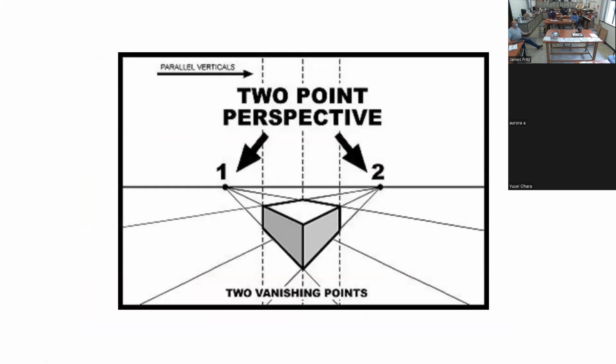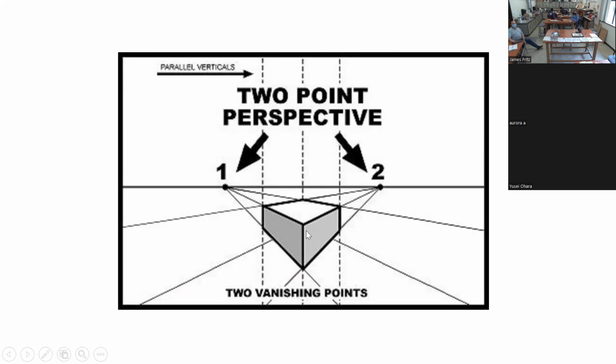Okay, you can do 2-point linear perspective. If you walk around to the corner of an object, it can have 2 points of linear perspective. So I'm looking at the corner of the object, the bow of a ship, the corner of a cube, something like that. This one happens to be below my eye level, so I can look down and see the top of the object because my eye level is up here, even with the horizon line.